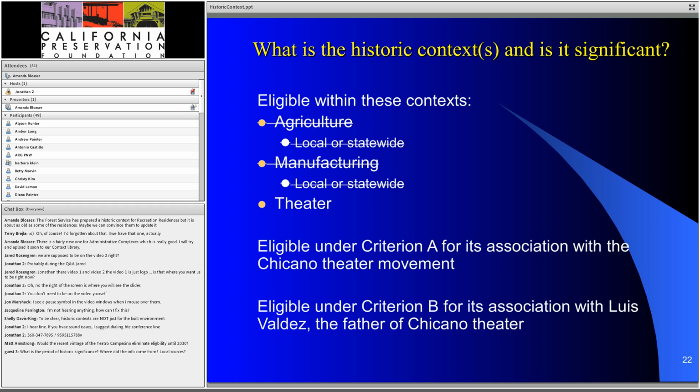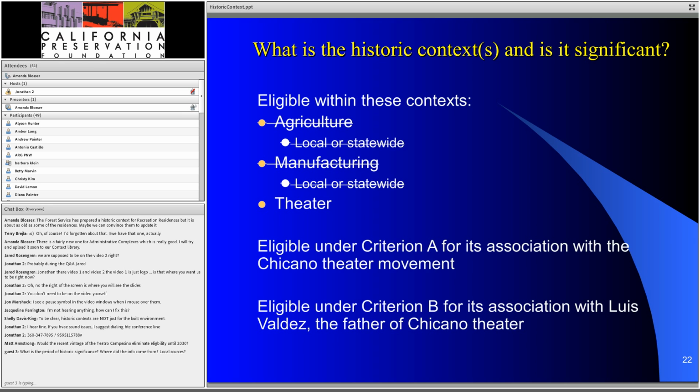So the 1965 sort of protest theater is not associated with that building. It's a later period of theater for that company where they're doing more full-length plays. They're not doing the protest theater or the actos that they're known for. So that's something that we have to contend with. When would we cut off that period of significance? When do we end it?